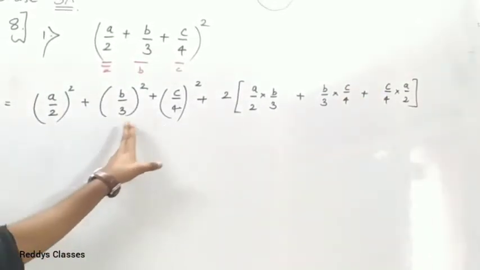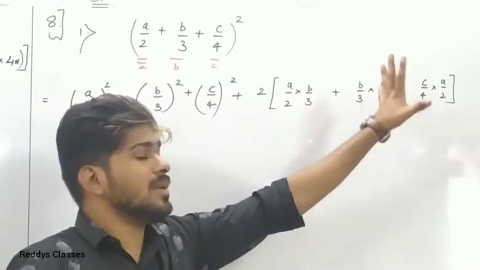See, a square plus b square plus c square plus 2ab plus bc plus ca.